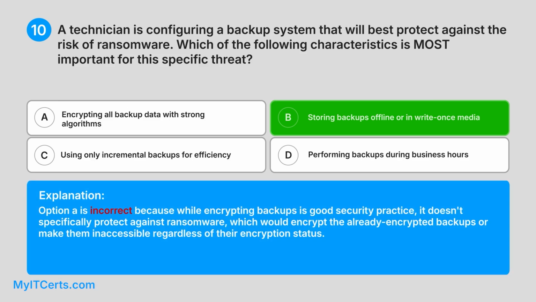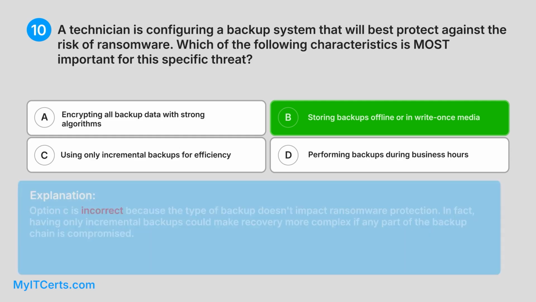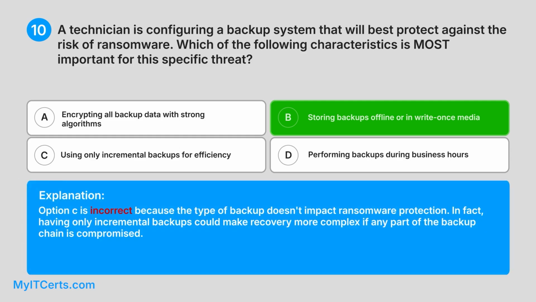Option A is incorrect because while encrypting backups is good security practice, it doesn't specifically protect against ransomware, which would encrypt the already encrypted backups or make them inaccessible regardless of their encryption status. Option C is incorrect because the type of backup doesn't impact ransomware protection.